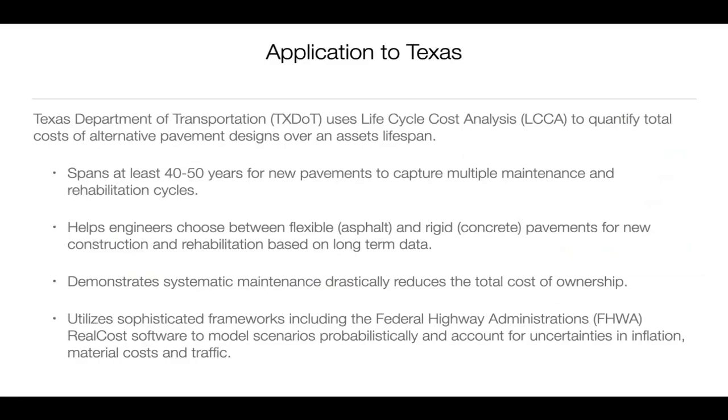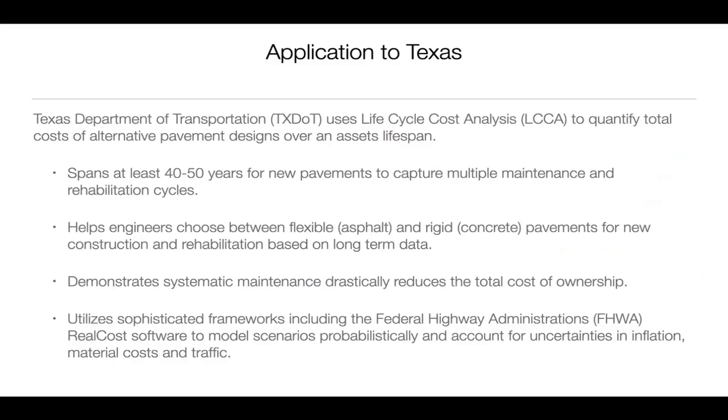How this applies to Texas, the Texas Department of Transportation uses life cycle cost analysis to quantify total cost of alternative pavement designs over an asset's lifespan. So the spans are at least 40 to 50 years for new pavements, and then it captures multiple maintenance and rehabilitation cycles.